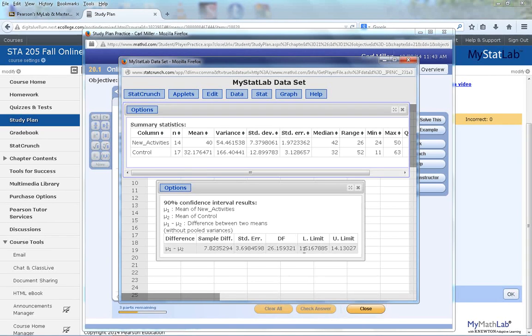So what would that tell me? What would a lower limit of 1.5 and an upper limit of 14.1 tell me when I know I'm doing new minus traditional methods in terms of these average scores?